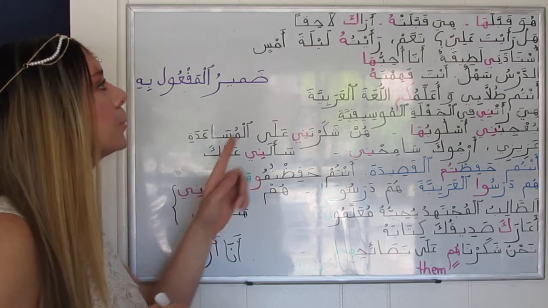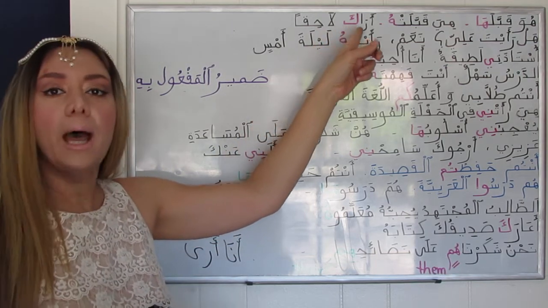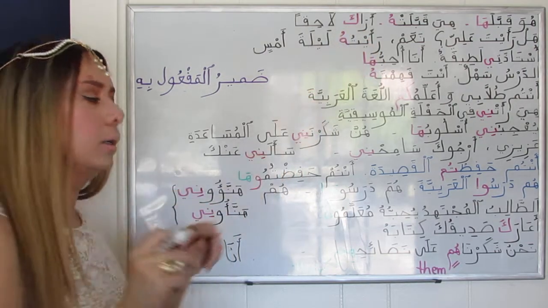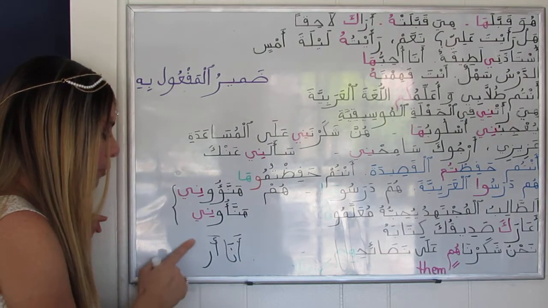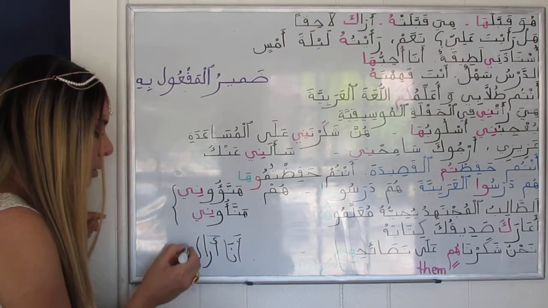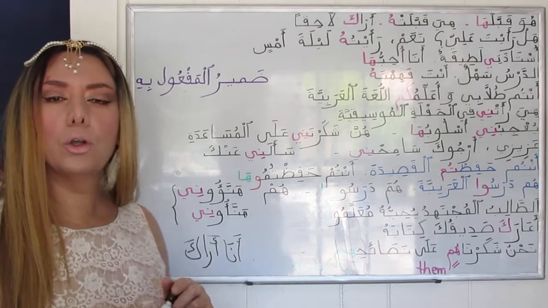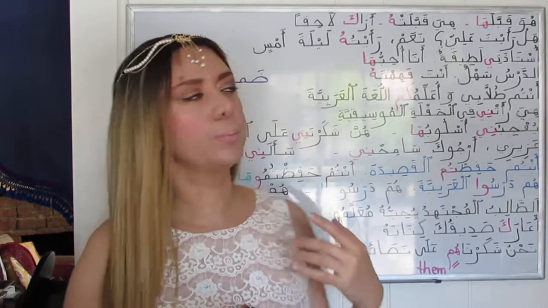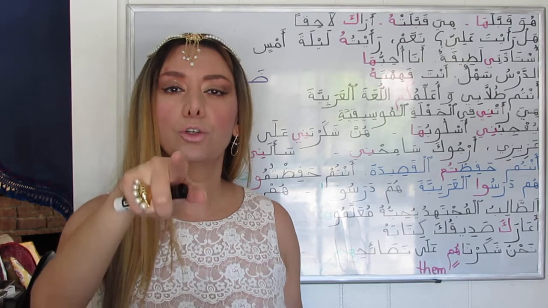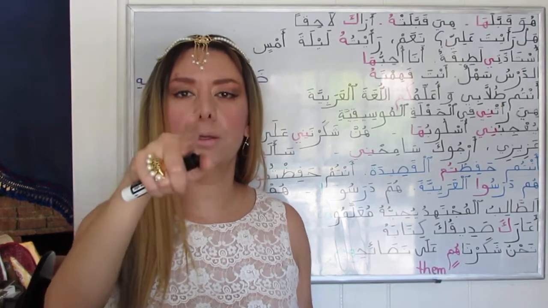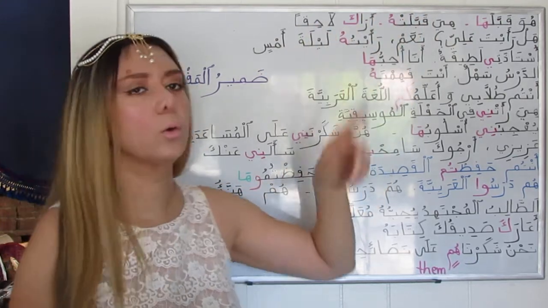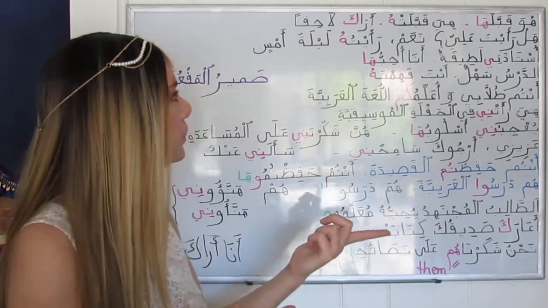And since we have to attach the object pronoun ka, this shortened alif will turn to a regular long alif before introducing the object pronoun to the verb. So, I see you, ka, referring to you, singular, masculine, second person. See you later. أراك لاحقا, or أنا أراك لاحقا.